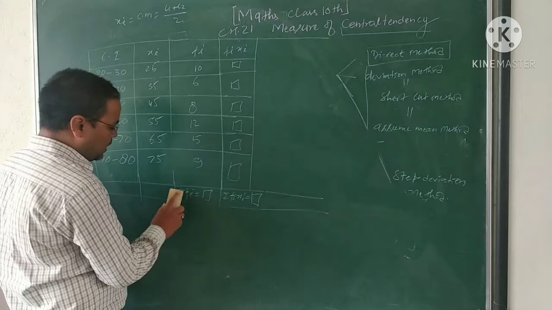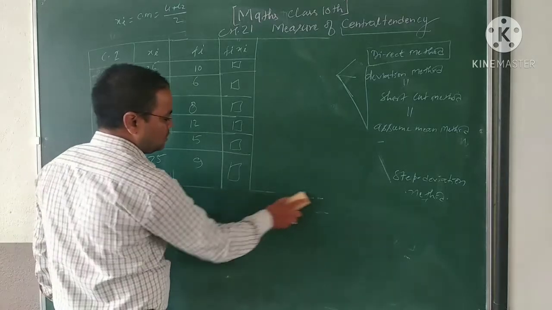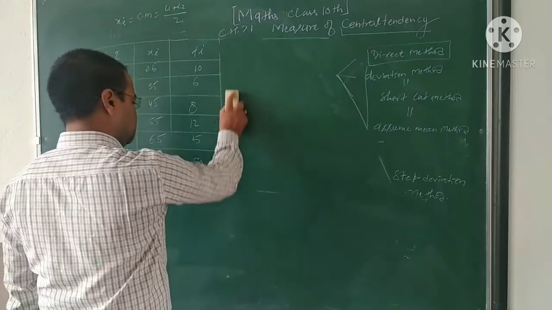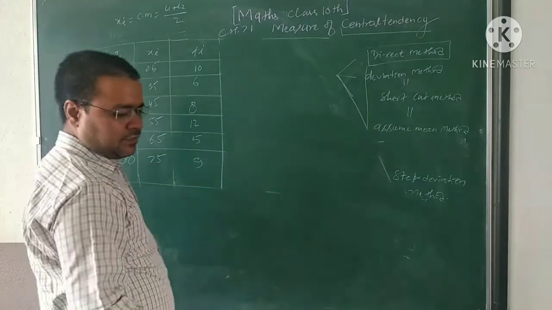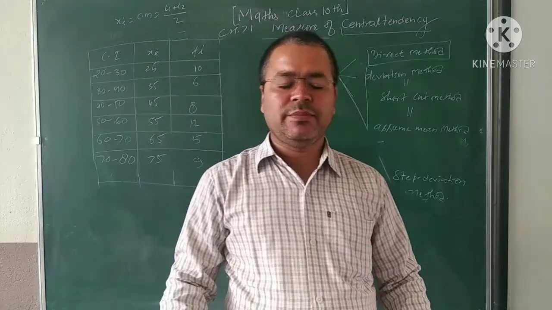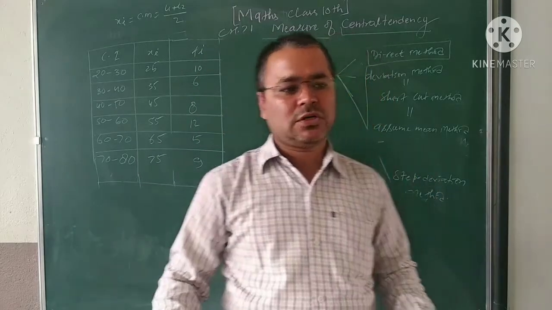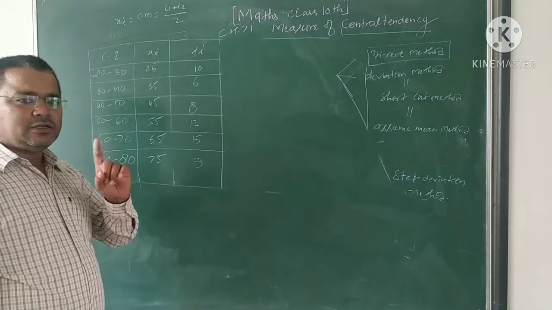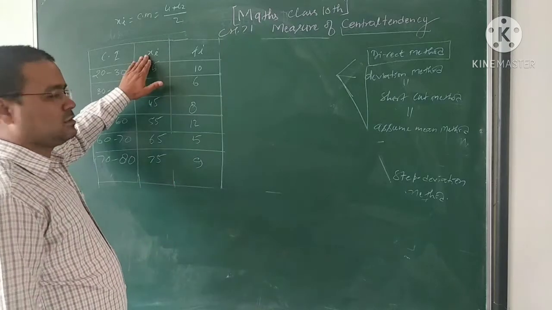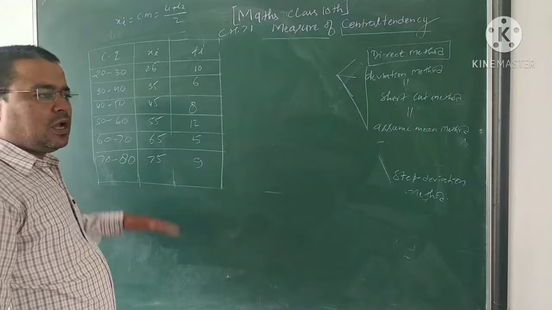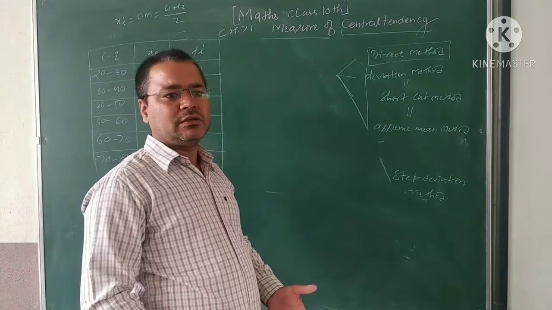In this way, we can find the mean using the direct method. But here I am going to explain the second method, that is the deviation method. This is also known as the assumed mean method. Assumed mean means we consider a mean here, and it should be from the class marks, not from the frequency. How to consider the assumed mean?